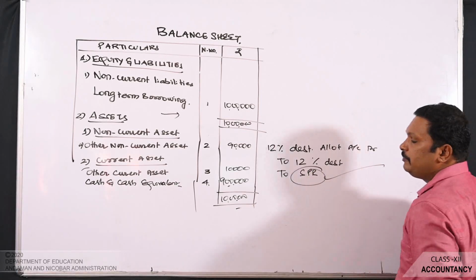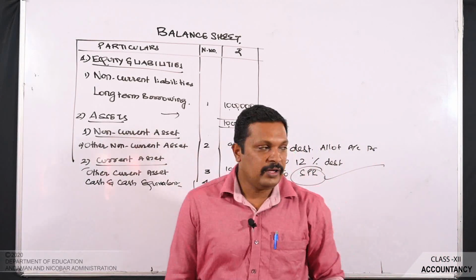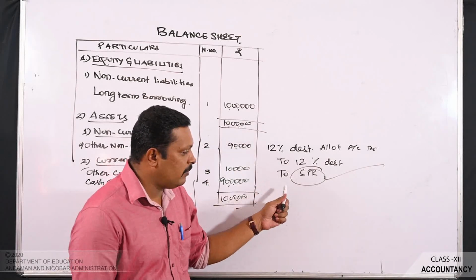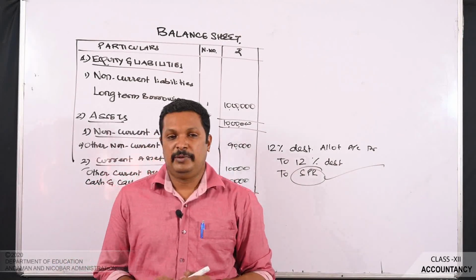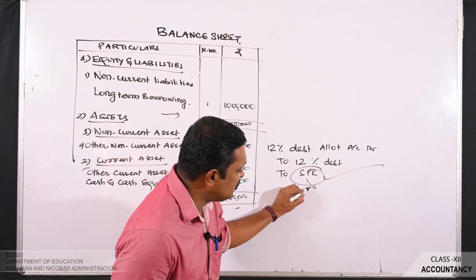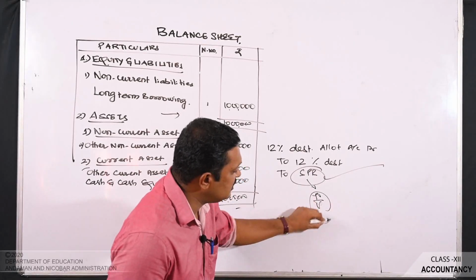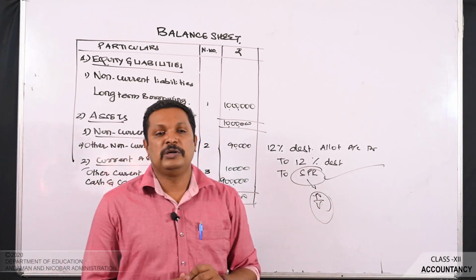Simply we have to credit the premium. In case of discount, we have to debit the discount. In case of premium, we have to credit the premium, and premium will be shown in the balance sheet under the heading reserves and surplus.